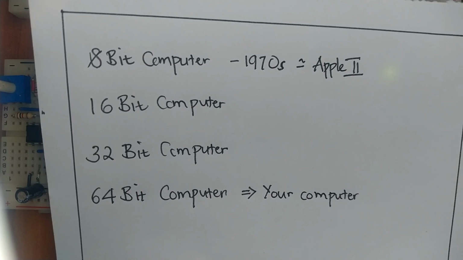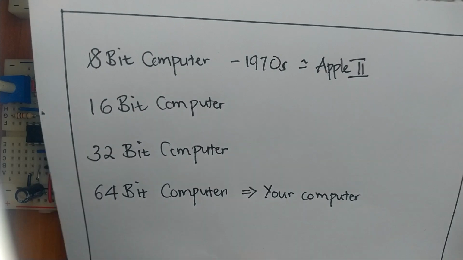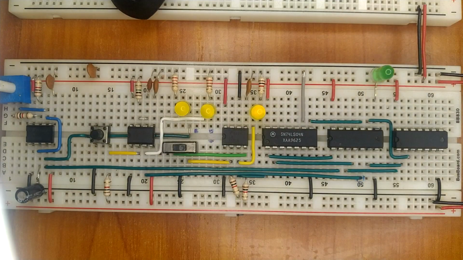The computer you're using to watch this video most probably is a 32-bit or a 64-bit computer, as the 32-bit computers are slowly being phased out. So with that information, we can begin with this circuit.